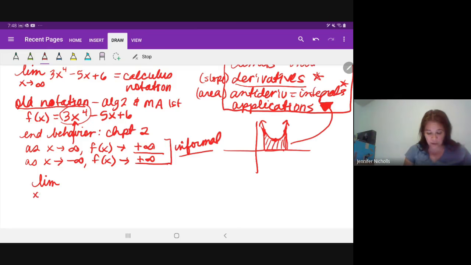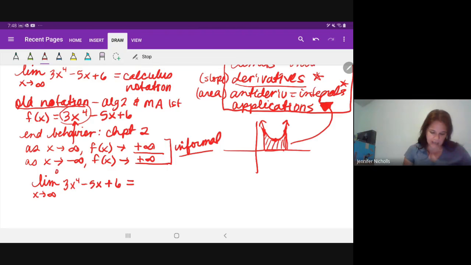And then I'm going to show you an official method to actually get the answers of infinity or negative infinity, or we're going to have other answers in these problems too. Okay, so limit as x approaches infinity, and then you put the equation next to it, and then the equal sign.